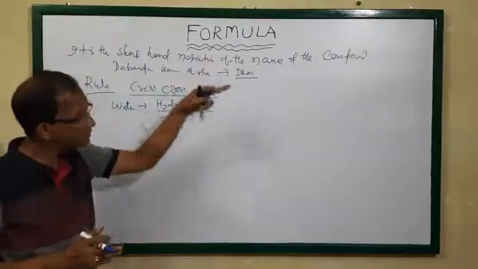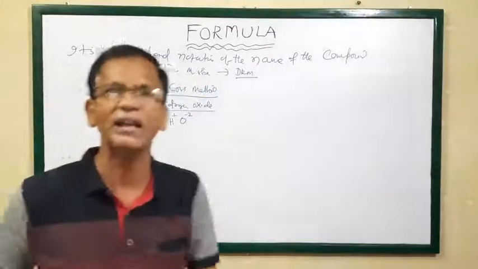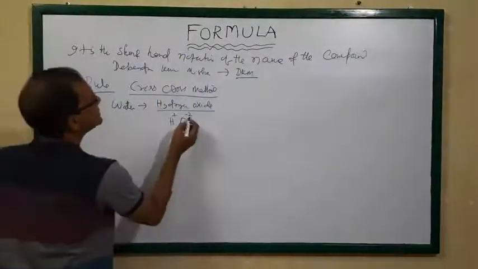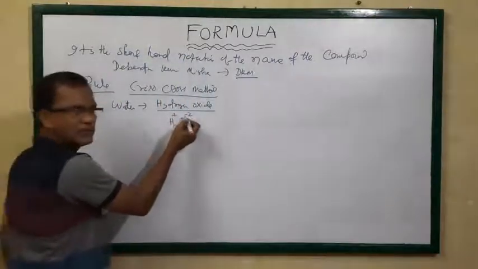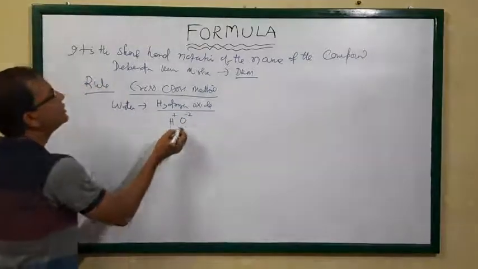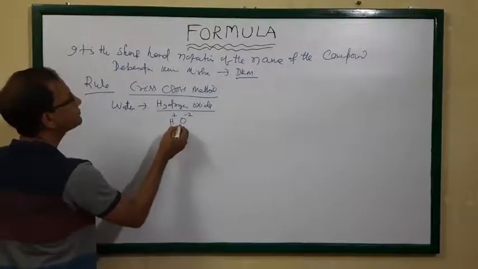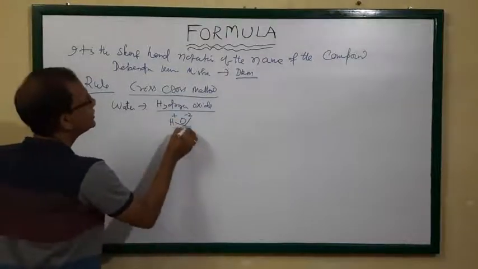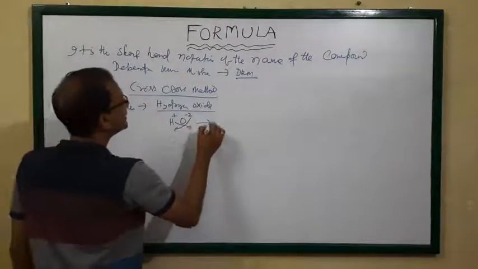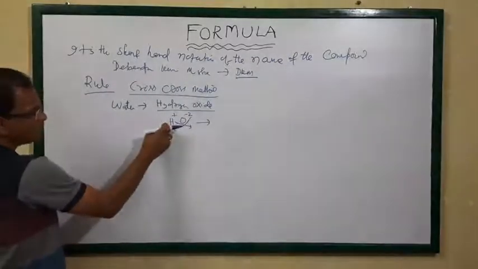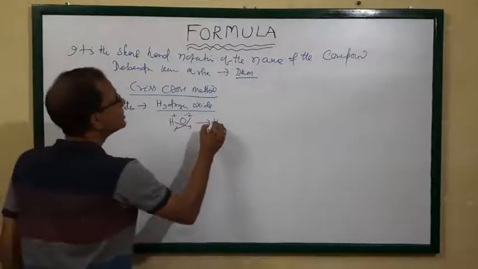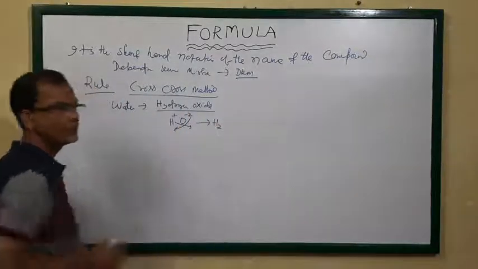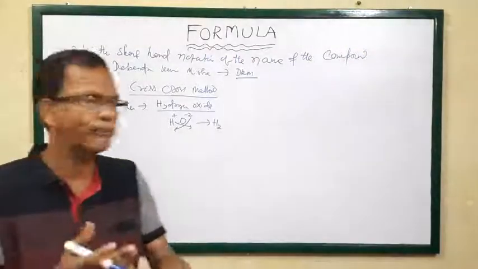So to write the formula, we have to exchange the valency. Here the charge is minus 2 but the valency is 2. This 2 will come to the hydrogen side, and 1 will go to oxygen. The 2 is written as a subscript number, that means below.